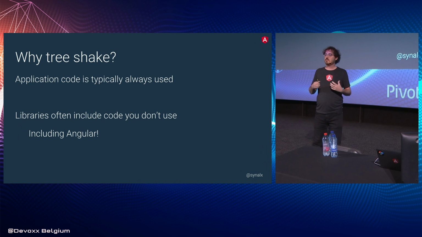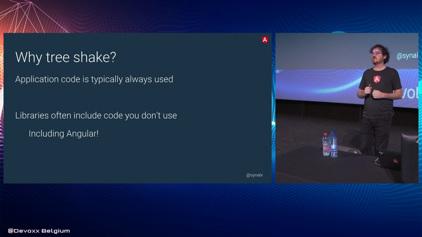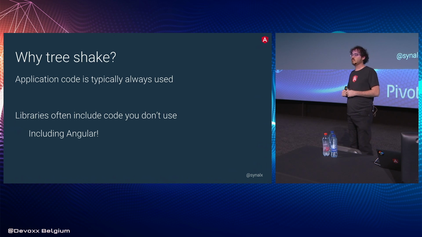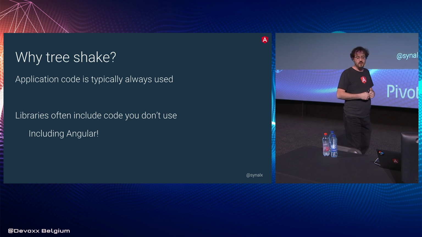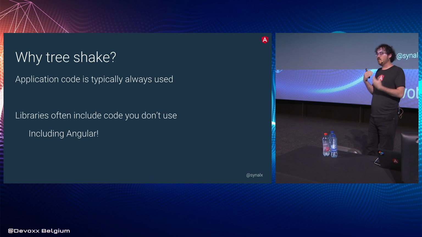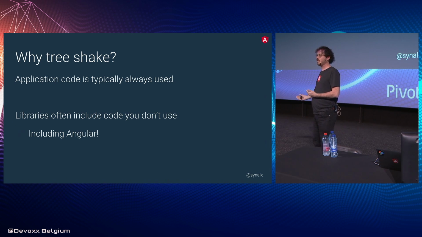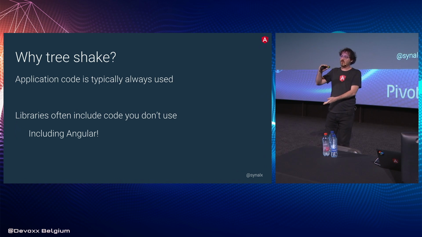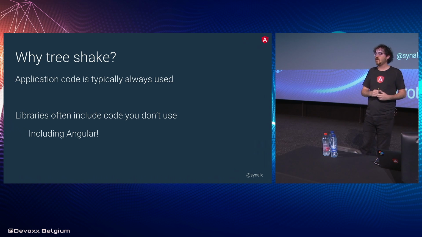And it really matters as an optimization because of libraries. Right? We write code in our applications, but we also reference code from libraries. We import things from Material Design, for example, or Moment.js for working with dates and times. And I don't know if you know this, but when you import code with an import statement from a library, the spec says that the entire library must be included in your bundle because it might have these kinds of side effects.